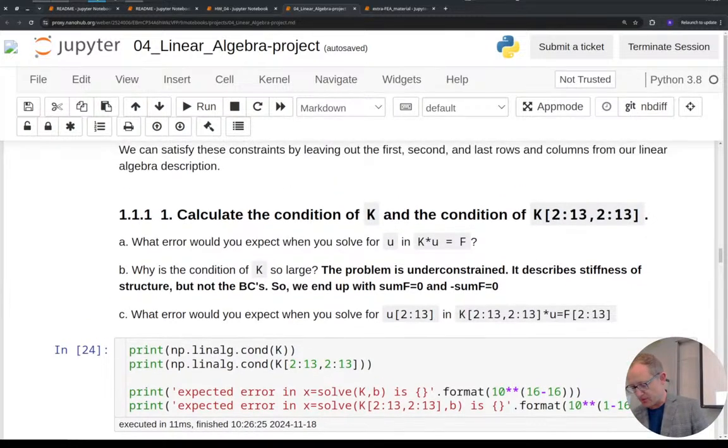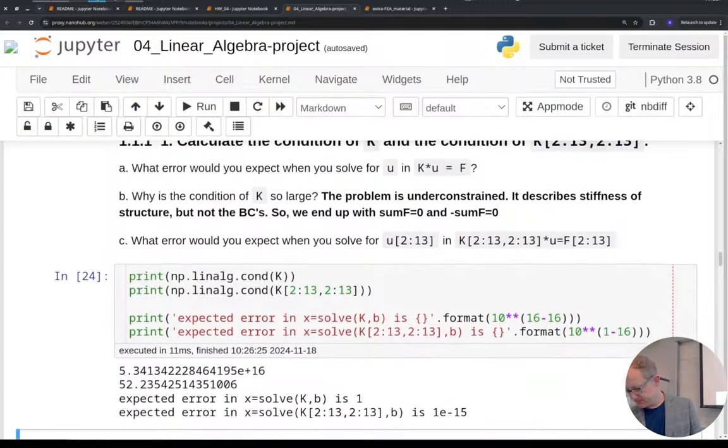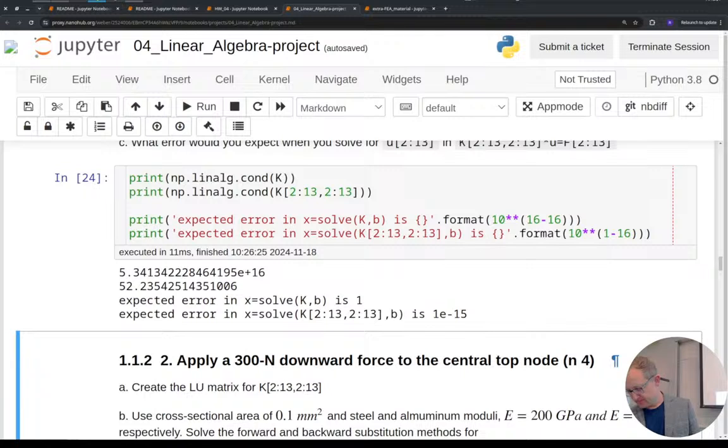So when we're trying to figure out why the condition number is so large for just K, it's because it has no boundary conditions applied, versus that subset now has 3 boundary conditions: U1x and U1y can't move, and U7y can't move up and down. So we're taking an infinite number of solutions and turning it into just one. There's only one solution. And that's the getting started there.